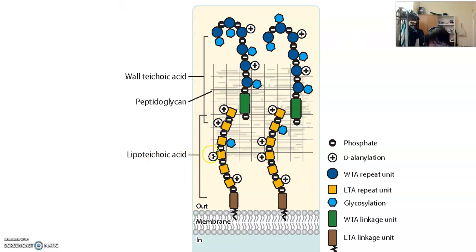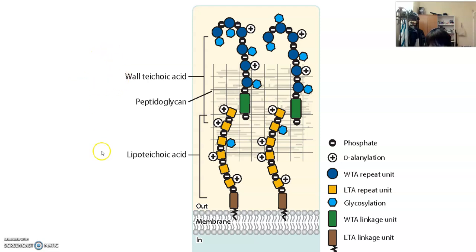So to summarize, gram-positive bacteria has surface polymers in the peptidoglycan and its membrane, while the gram-negative bacteria has surface polymers on the outer membrane. This is what it looks like for teichoic acids and lipoteichoic acids. These are the two classes of teichoic acids for gram-positive bacteria.